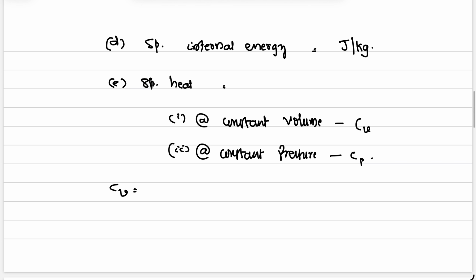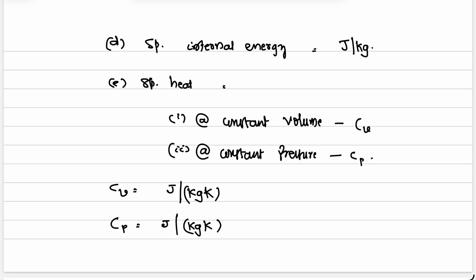Small cv is equal to joules per kg Kelvin. Cp is at constant pressure.